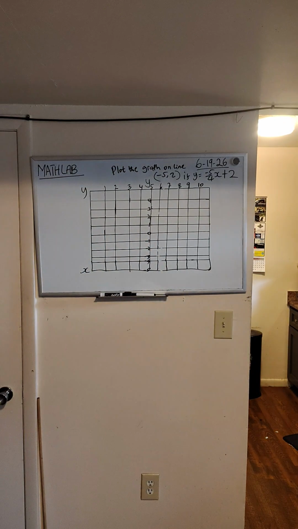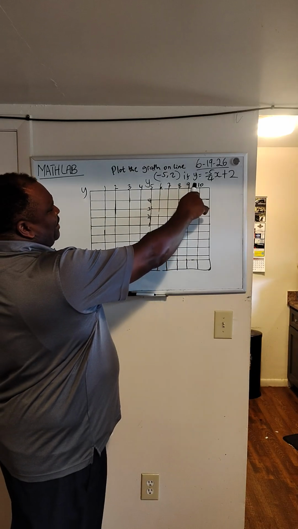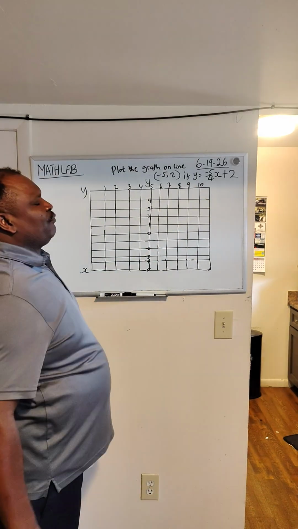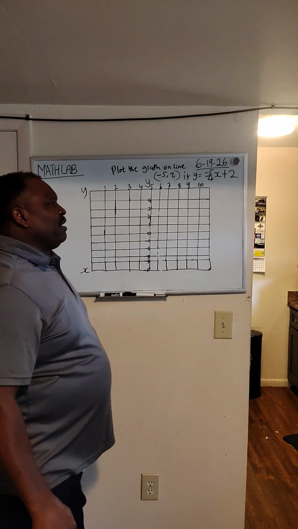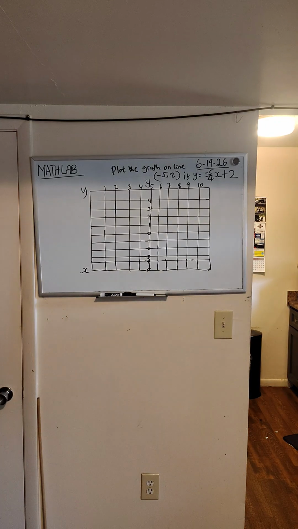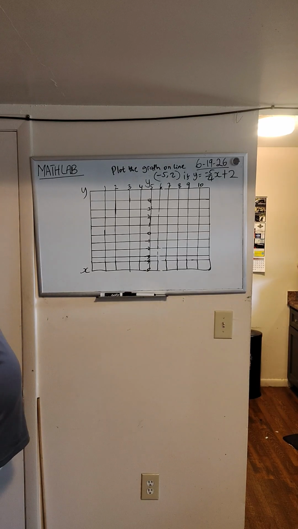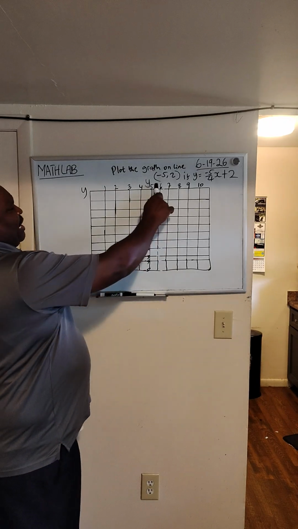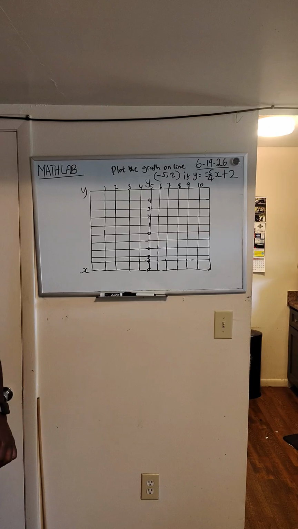And remember, the graph that is given is y equals negative 5 over 4x plus 2. But now we are going to draw a graph line on the coordinates. We are going to identify our coordinates.